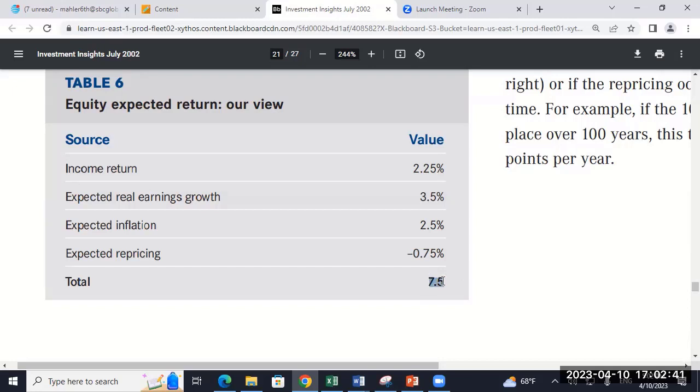You should use 8.25. And when you do that, what's going to happen? You're going to price stocks and a lot of them are going to look overvalued. Why are they going to look overvalued? Because you believe what? You believe the stock market's overvalued. Now I ask you, should you use a discount rate that makes stocks look well valued when you believe they're overvalued? Or should you use a discount rate that makes the stocks look overvalued when you believe they're overvalued? Which of those two make more sense to you?